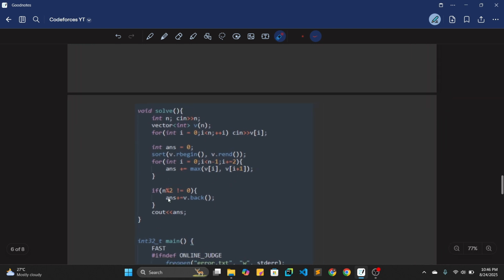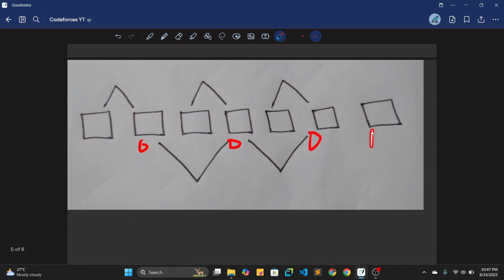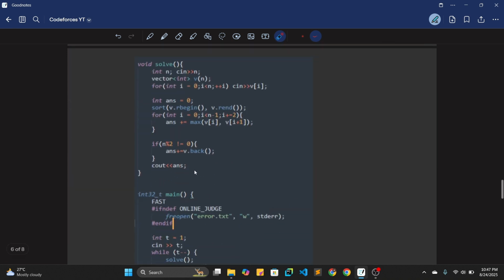And if the number of villagers is odd, we will add the grumpiness of the last villager to the total emeralds that we need for the first n minus 1 villagers. And lastly, we simply print the answer.